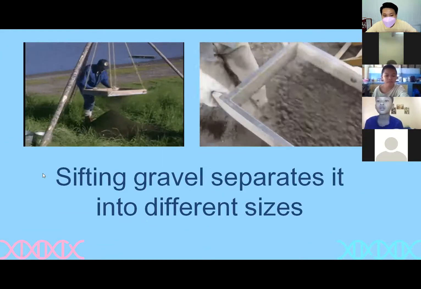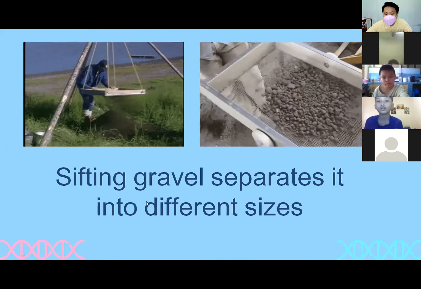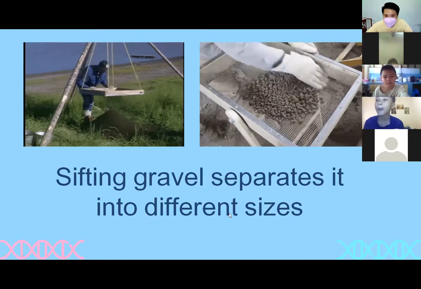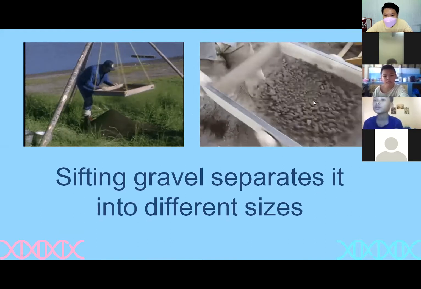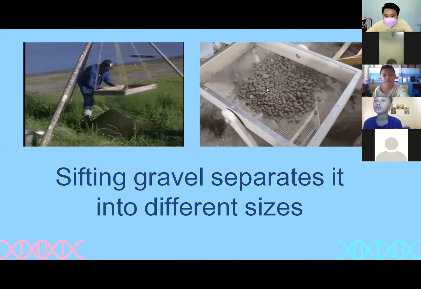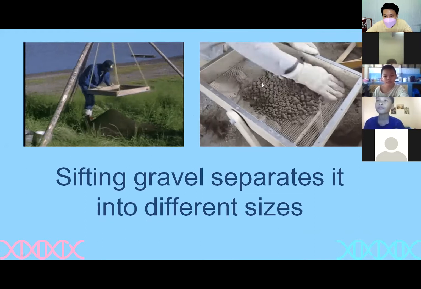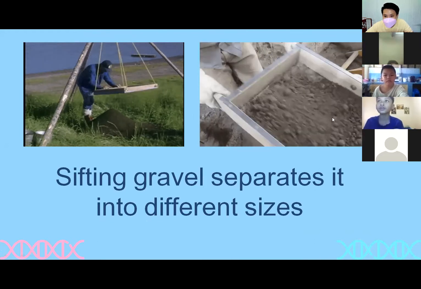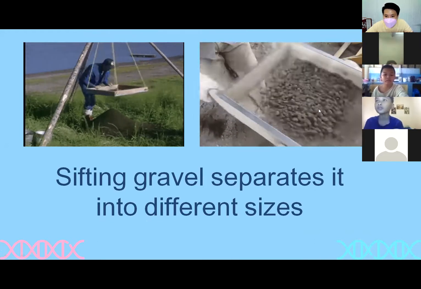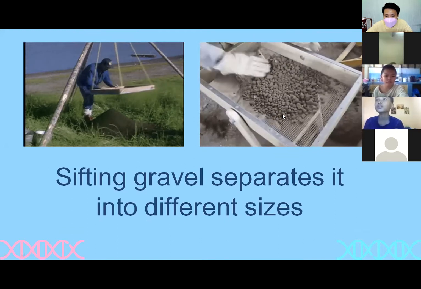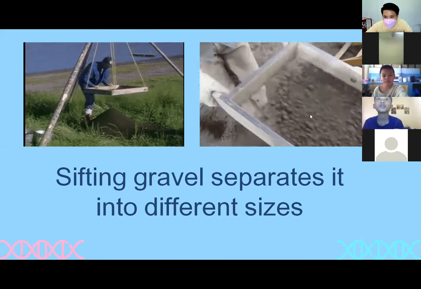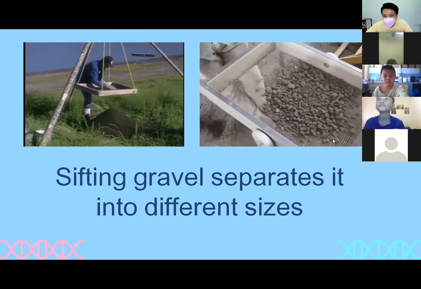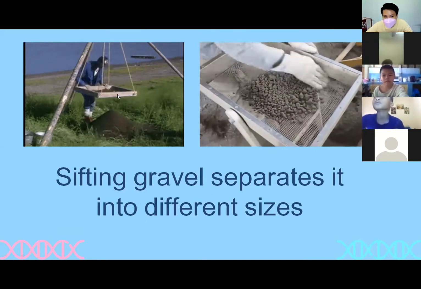Another, sifting gravel separates it into different sizes. So like this, they put the sand and then the large gravel stays on the sifting, and the tiny sand goes at the bottom, like this one.